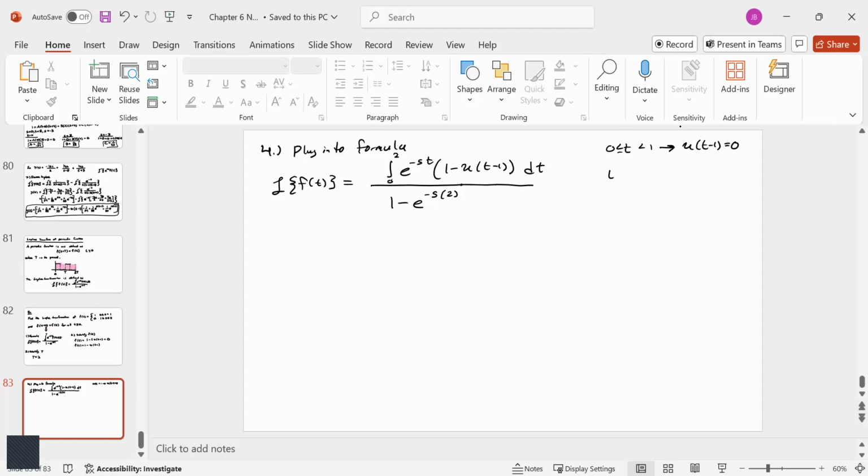And then between 1 and 2, our step function is turned on and it's equal to 1. Well, what's 1 minus 1? 0. And what's the integral of 0? 0. So if you recognize that, then this integral will become the following. We're going to break it up into two integrals, just to really show this.